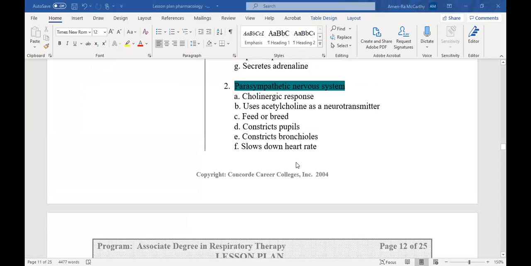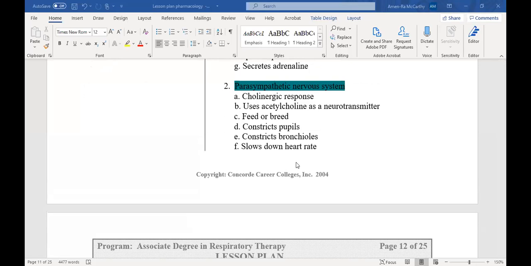All right, so the parasympathetic, guys, like we said, is also known as the cholinergic response. It uses acetylcholine as its neurotransmitter. It's the feed or breathe. It constricts the pupils, constricts the bronchioles, and slows down the heart. We learned two key terms yesterday, or Friday, about how drugs act.